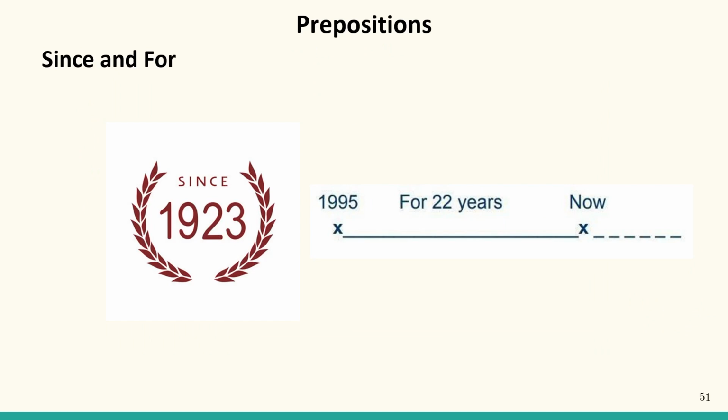Now, since or for, we have two types of time. One, we have time with units, that is countable time. And another that we have is uncountable time. Now, what does this mean? How can a time be countable or uncountable? Countable means whenever we have units with the time.